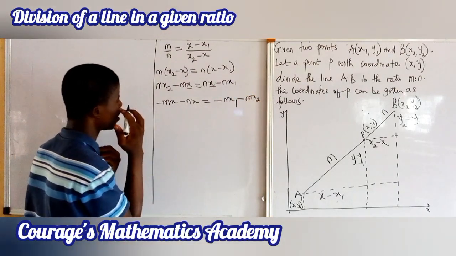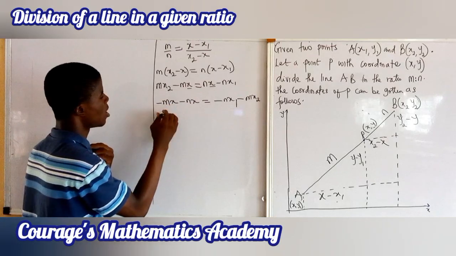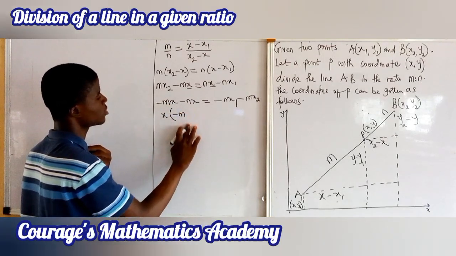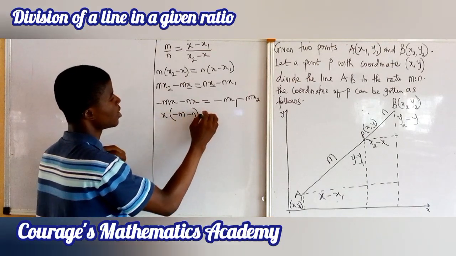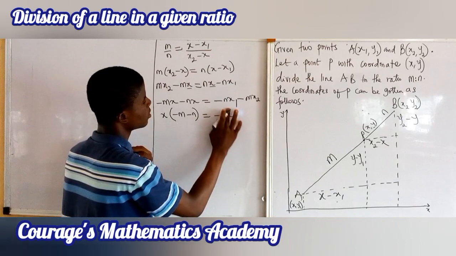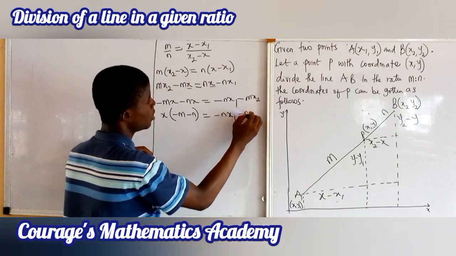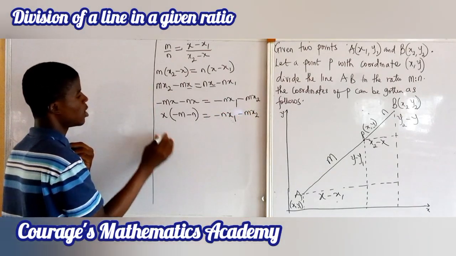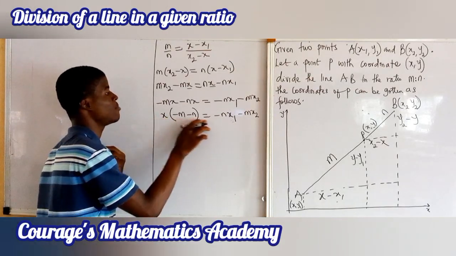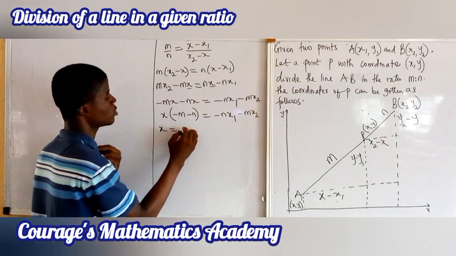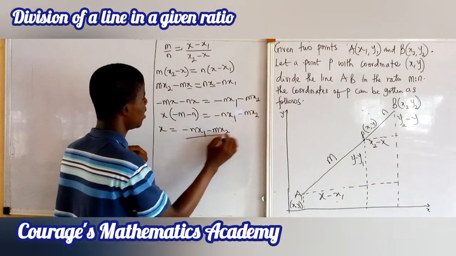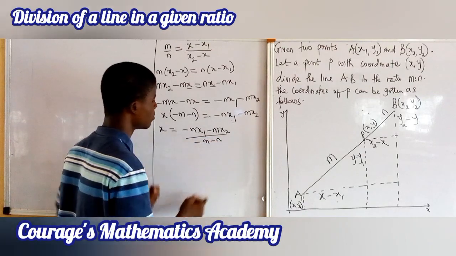So let's factorize x out. x comes out, minus m minus n remains, is equal to minus nx1 minus mx2. Now let's divide both sides of the equation by minus m minus n. So x is equal to minus nx1 minus mx2 all over minus m minus n.